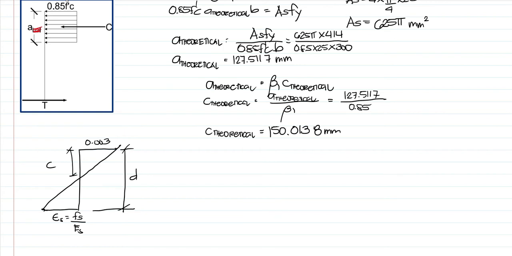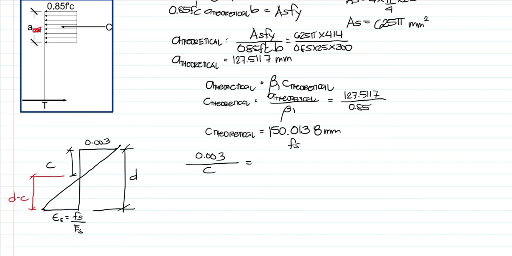Syempre, yung strain ng steel natin dyan, that is the Fs over our Es. So, using similar triangles, itong height na to, this could be D minus C. Using that height, we could get 0.003 divided by C is equal to yung Fs over Es na natin sa ilalim.